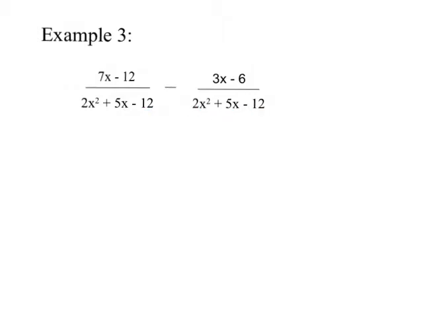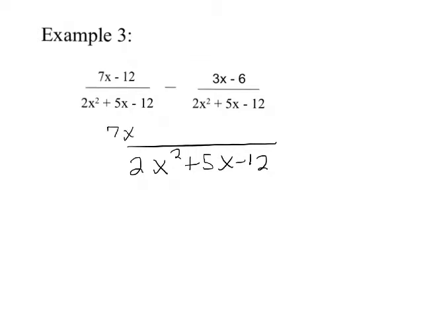So since I have a common denominator, I'm going to write down the 2x squared plus 5x minus 12 on the bottom, and I'm going to simplify what's on top. So we have a 7x minus 12, I'm going to put that in parentheses, minus, and then I have a 3x minus 6. Now, one area where students sometimes make mistakes is right here.